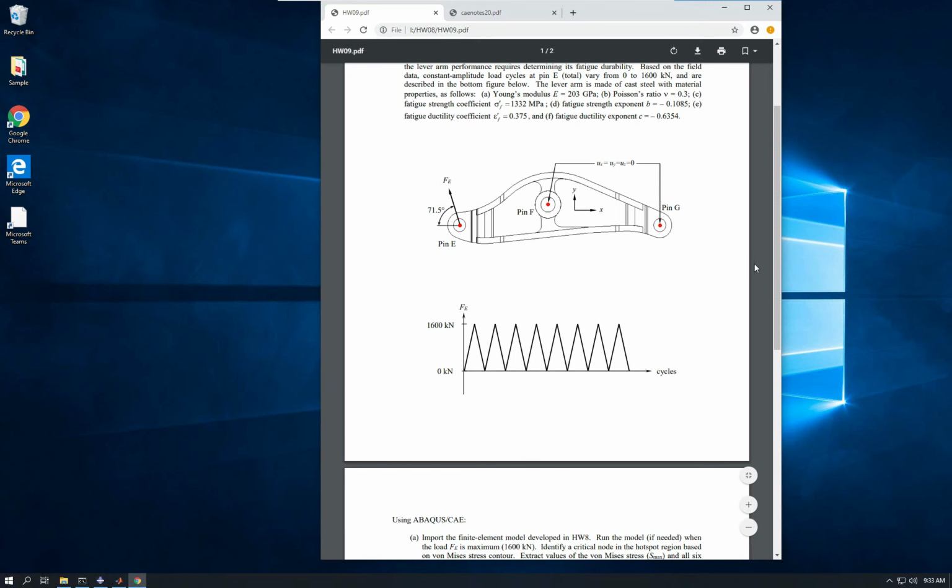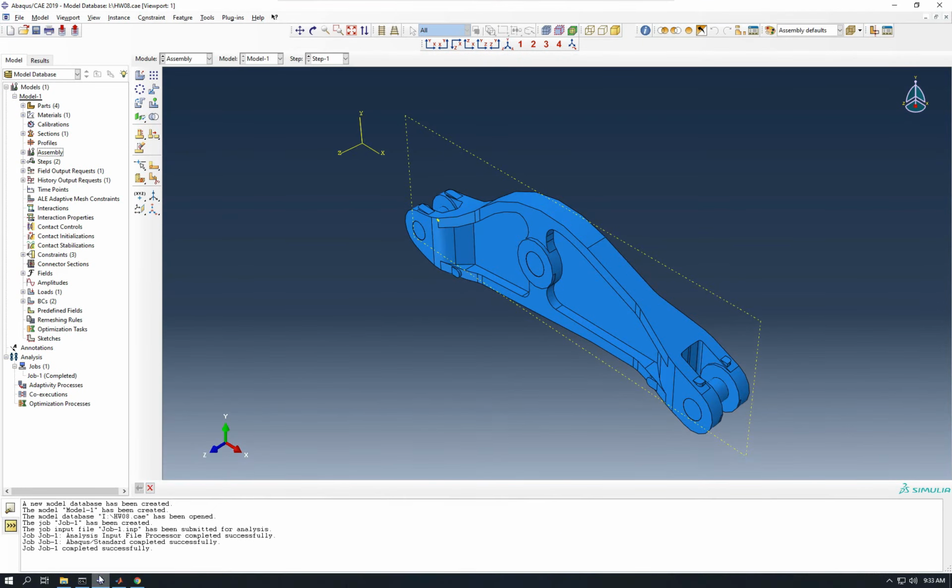Okay, so I will come to Abaqus. What you first need to do before you submit your job is go to field output requests. Here there is already one default field output.